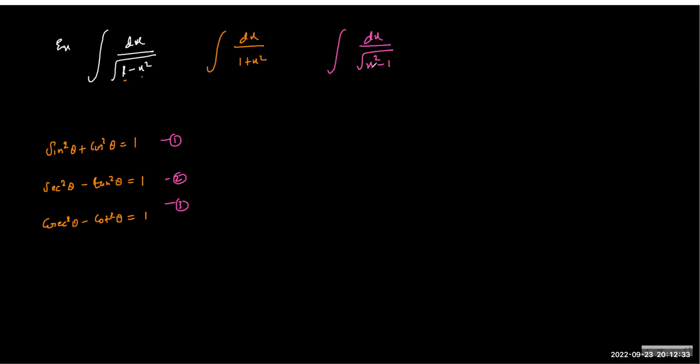Which equation? See, something square minus 1. So something square minus 1 will come from the last two equations, right? Like sec square theta minus 1 is tan square theta, or cosec square theta minus 1 is cot square theta. So when we have some constant minus x square, it is the first equation. But if it is x square minus constant, it is the second or third equation. Okay, that is the whole idea of all such integrals.